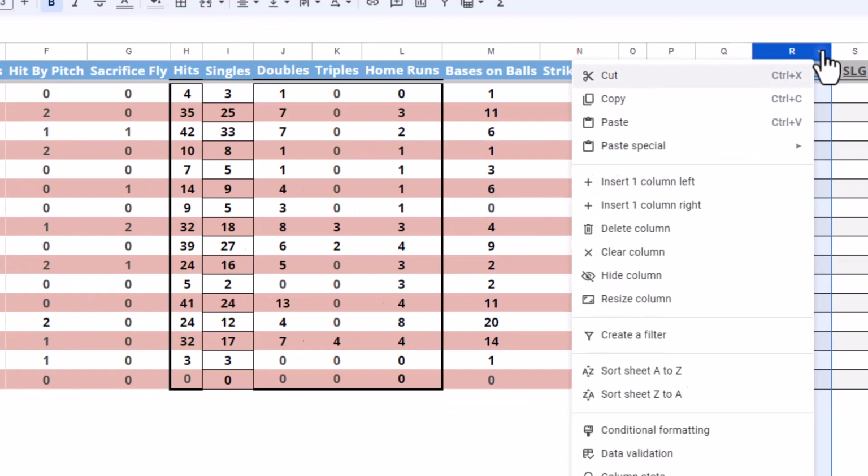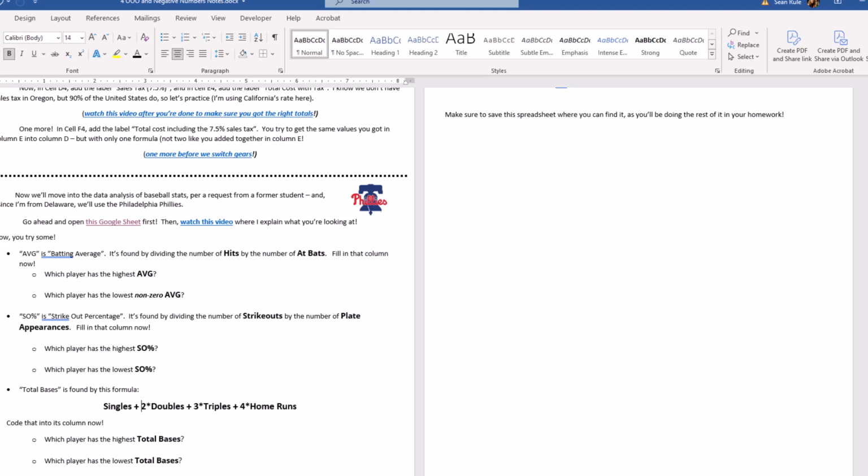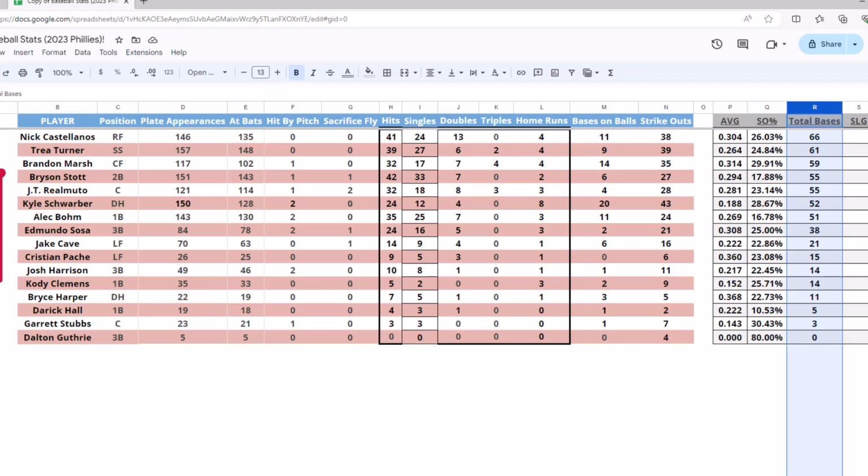Who has the highest? The highest is Nick Castellanos with 66 total bases, and I think, what did I ask you? Is it the lowest? Lowest total bases. I unfortunately believe it's once again Dalton. Hey, poor Dalton. I should have at least asked you for the lowest non-zero, Garrett Stubbs, but whatever, I didn't. So it's poor Dalton Guthrie.